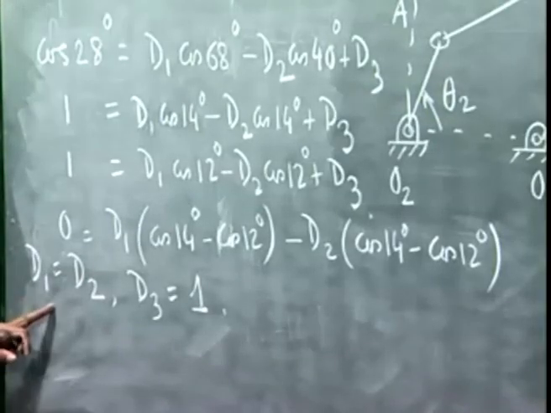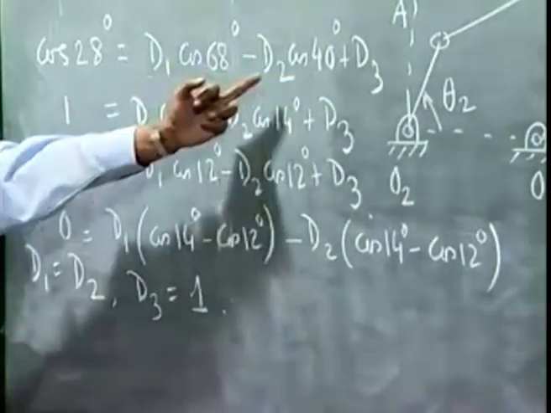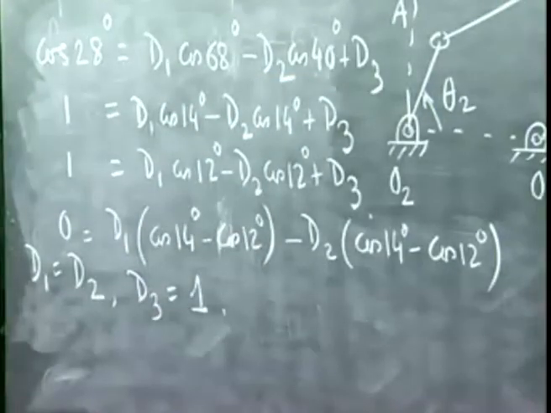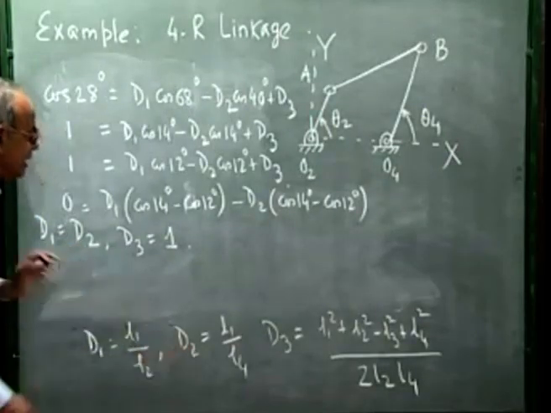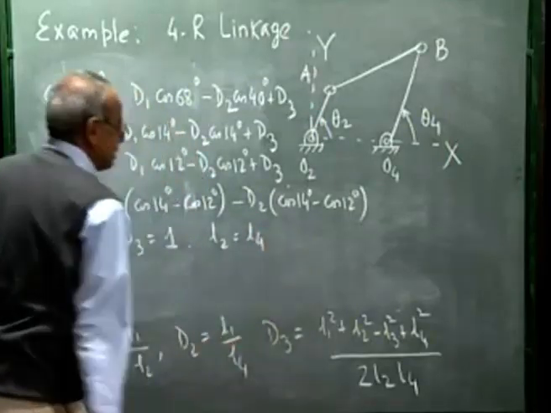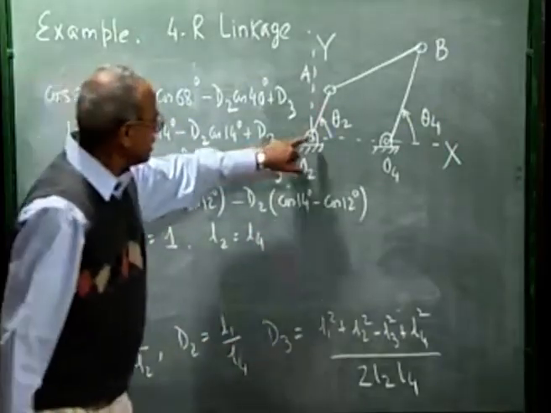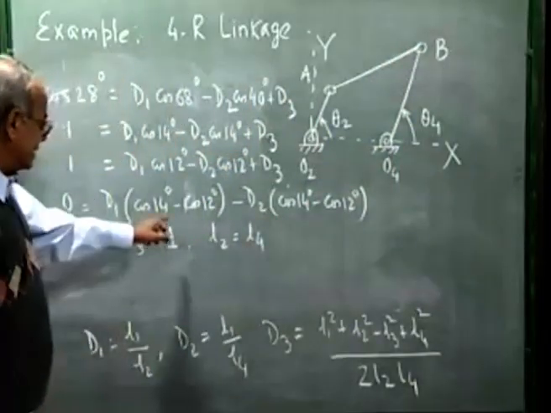And the value of d1 I can get by substituting d3 equal to 1 and d1 equal to d2 in these equations. The thing to note is, if d1 is equal to d2, that clearly tells me L2 is same as L4. That means the crank length and the follower length are equal, and d3 is 1.